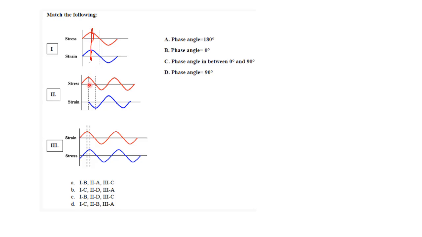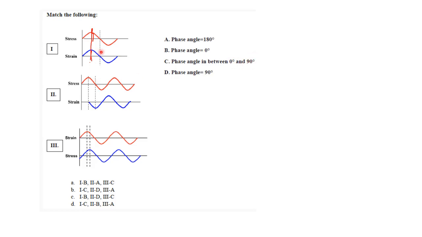And in the second one, the maximum of the first one is the minimum of the second. So it is a phase difference of 90 degrees. For the third one, it is in between 0 to 90 degrees. So that is option C, phase angle in between 0 and 90 degrees.